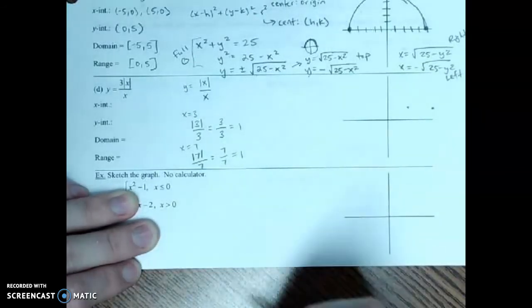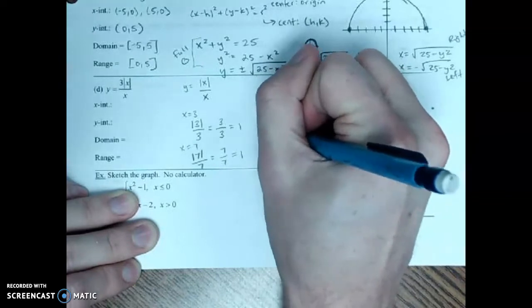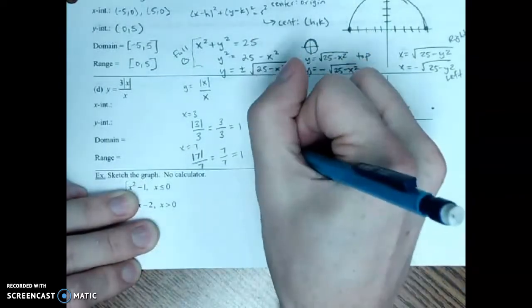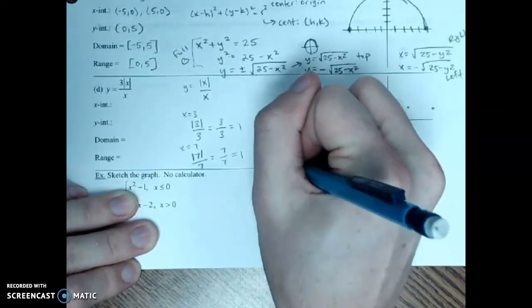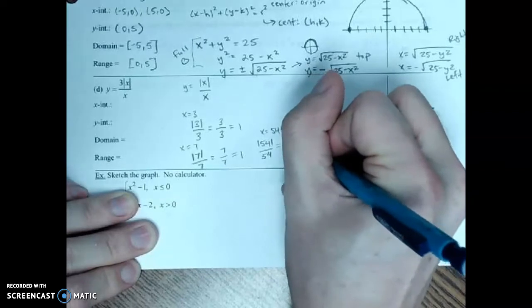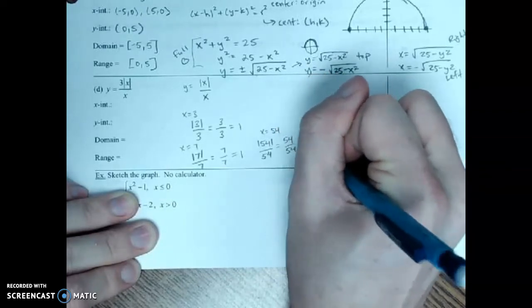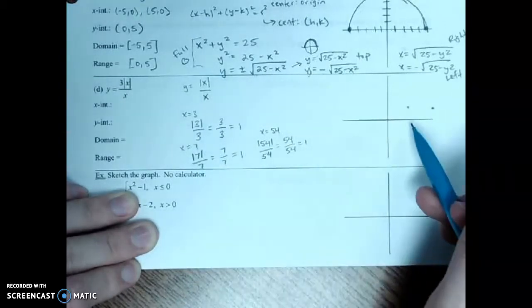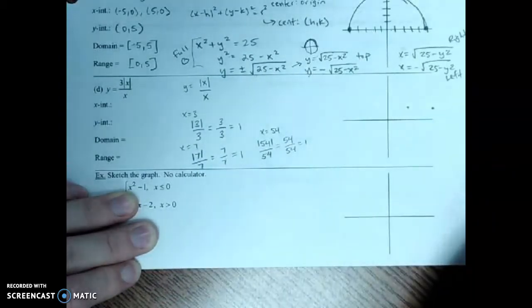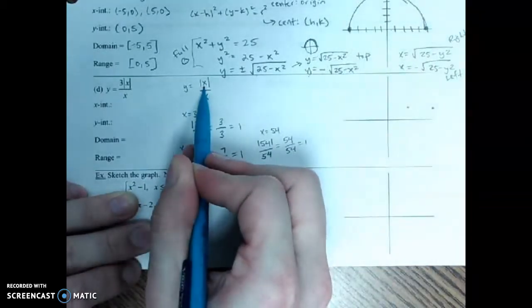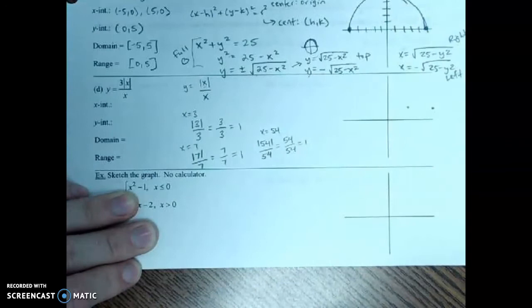Let's try one more positive. How about x equals 54? Just a random number. You'd have the absolute value of 54 over 54, which would give you 54 over 54, which gives you 1. So for any positive value, whether that be 3 or 7 or 54 or any other positive number, the absolute value of a positive number just gives you that same positive number.